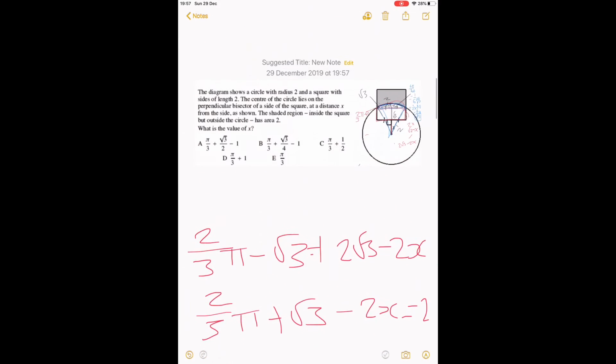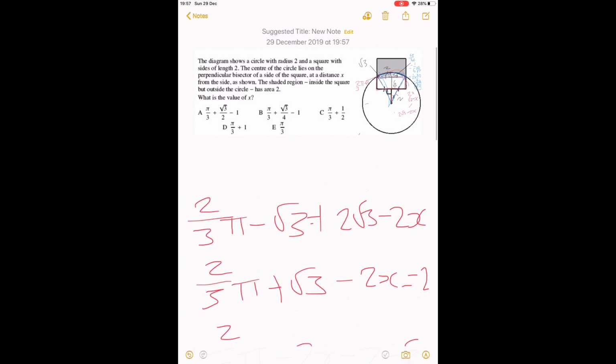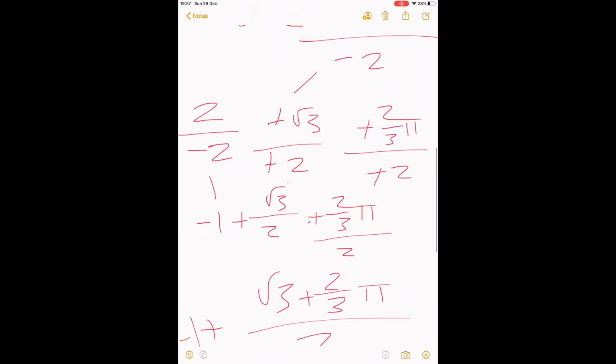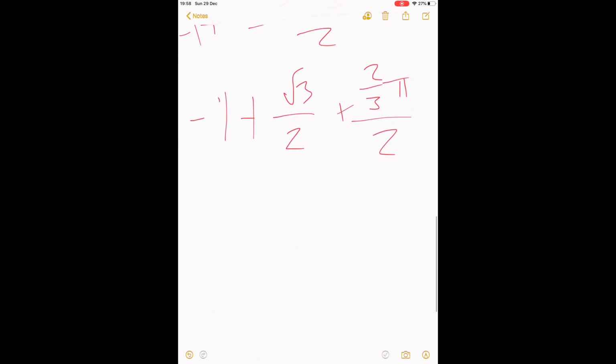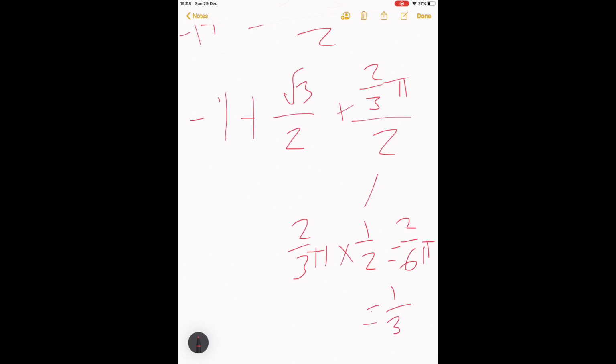So the form we have to give the answer in has pi over 3, which is in all of them. So 2 over 3 pi over 2 simplifies to 2 over 3 pi times 1 over 2, which is 2 over 6 pi, which is a third pi, the same as pi over 3.